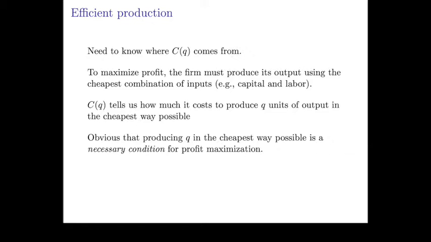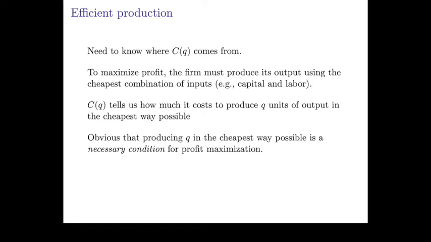Now, the idea that you are producing the Q units as cheaply as possible is a necessary condition to be profit maximizing. What do I mean by necessary? It means that if you're not producing the Q units as cheaply as possible, it can't be that you're maximizing profit. But just because you're producing the Q units in the cheapest way possible, that doesn't necessarily mean that you're maximizing profit.